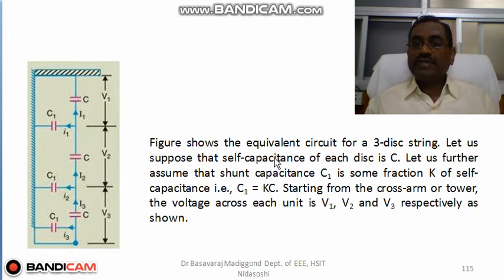This figure shows the equivalent circuit of a 3 disc string. Let us suppose that the self capacitance is C and the shunt capacitance is C1. This shunt capacitance C1 is some fraction K of C, that is, C1 is equal to K into C. V1, V2, V3, let us see.